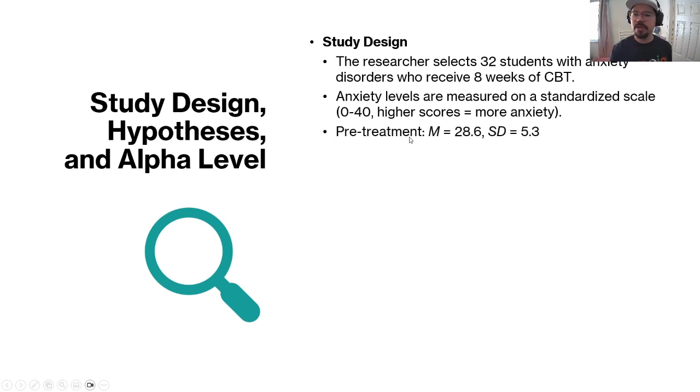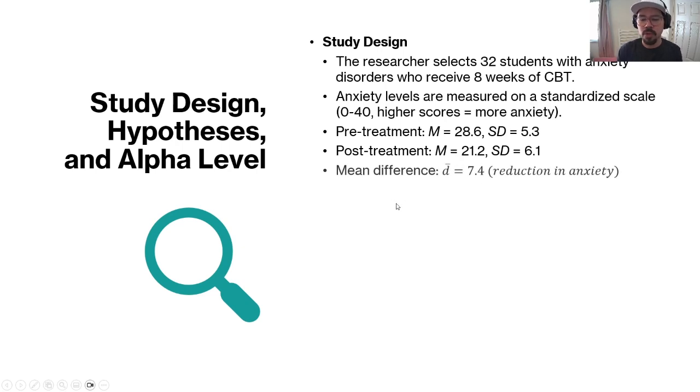Then instead of having men versus women or just one sample of data, we are going to identify a pre-treatment or before-time sample, and then an after-time post-treatment sample. Our anxiety levels pre-treatment, before attending this CBT program, were 28.6 with a standard deviation of 5.3. Our post-treatment averages, after attending the CBT program, were 21.2 with a standard deviation of 6.1.